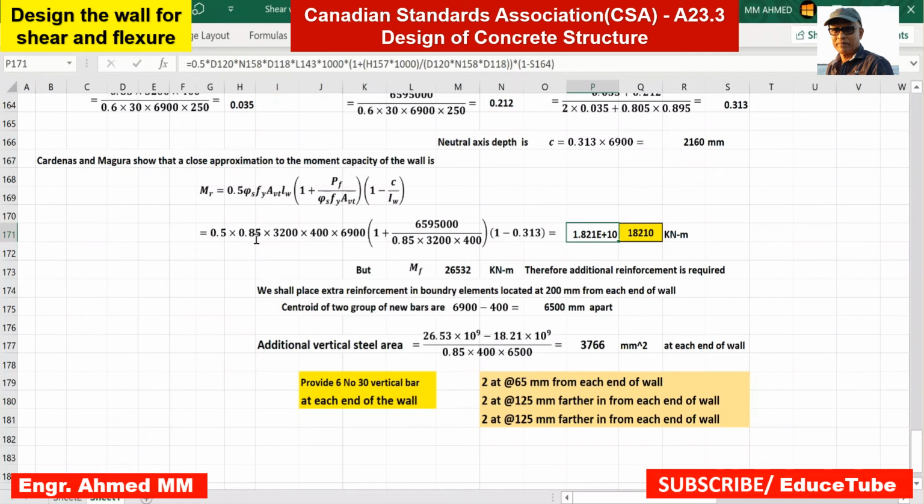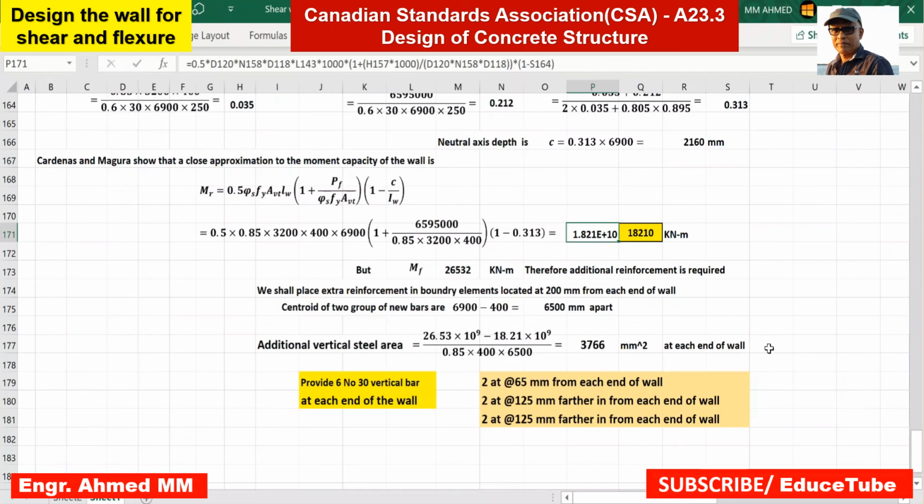We know what it is, 0.85 means phi s, this is Fy, and this is 6500, already we got it here. We get 3766 millimeter square at each end of wall.